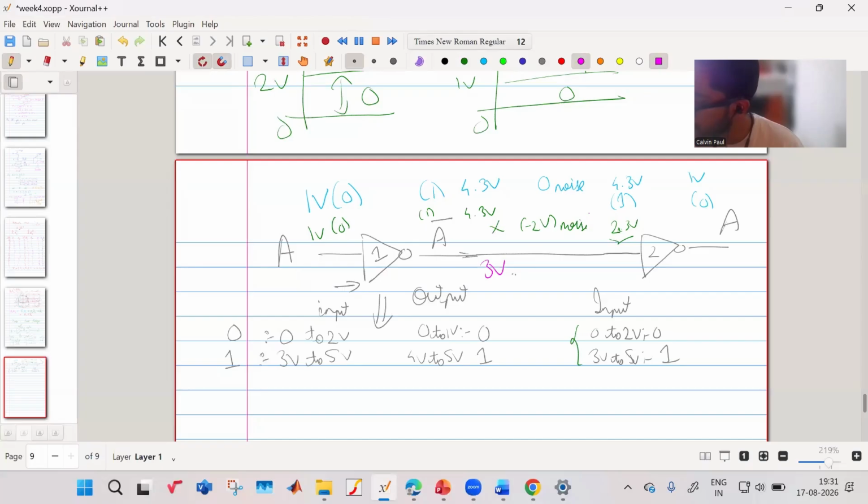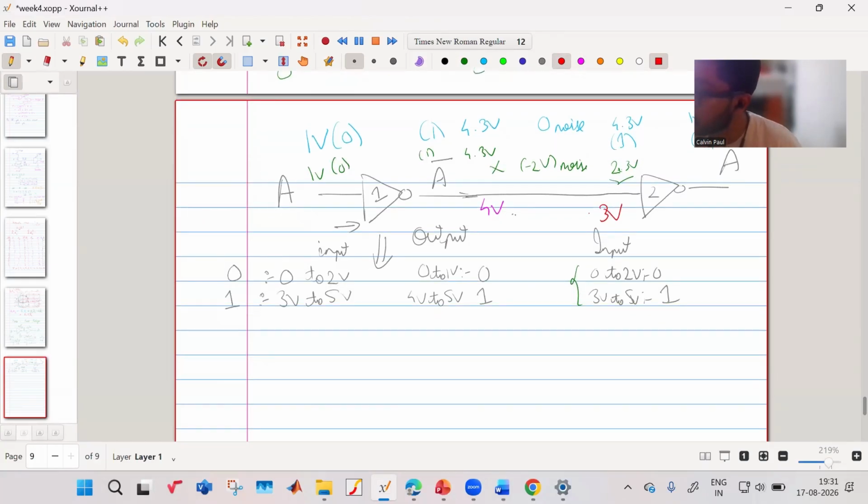Sorry, your worst case is when your output is 4 volt, and this input can go as low as 3 volt. So your noise margin for the high side will be 4 minus 3, that is 1 volt. So it can tolerate up to 1 volt of noise.